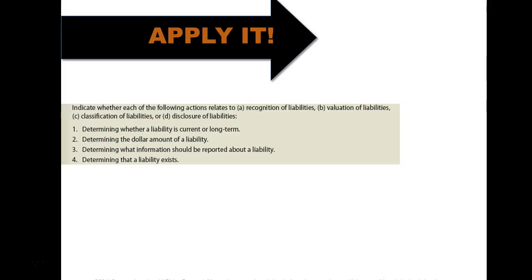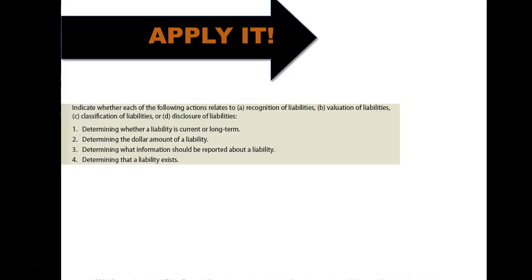Indicate whether each of the following actions relates to the recognition of a liability when it's being recorded. Valuation means how much. Classification means where. And disclosure means additional information. That's how I kind of equate it in my head. Determining whether a liability is current or long-term: is that about when, how much, where, or extra?